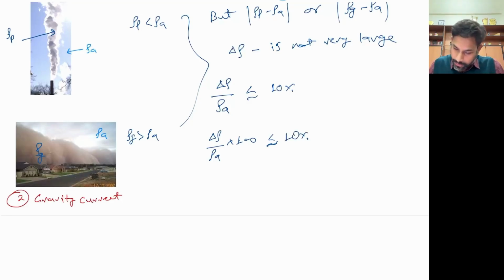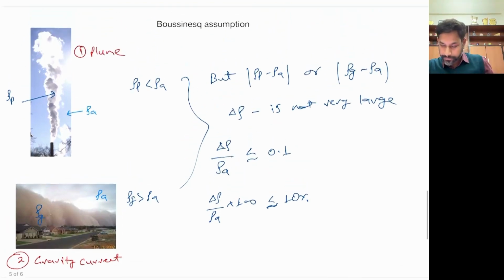Okay, so this value here should be smaller than 1. So if this value is less than 10% or the difference is less than 10% of reference density, in such situations we make an assumption called Boussinesq assumption. And now let's look at this assumption in more detail, especially in the context of a governing equation. How do we apply this assumption, and why this assumption is important for such kind of flows.